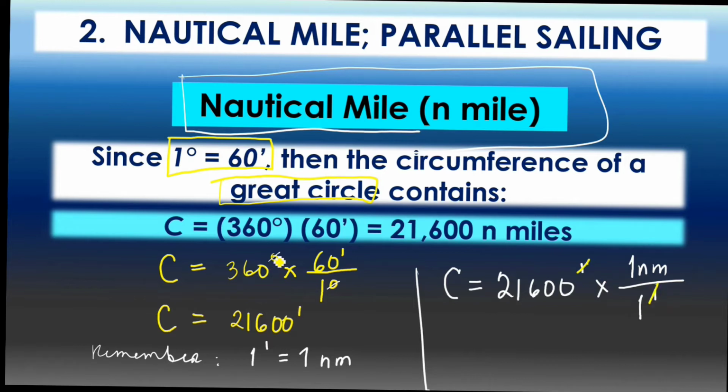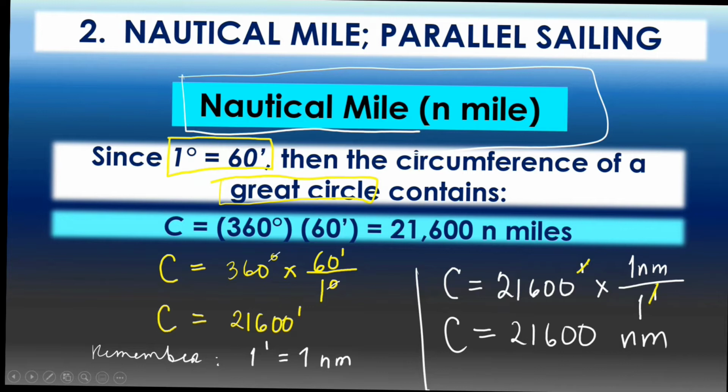So for 360 degrees, in canceling the degree, the denominator should have the degree. So the circumference is 21,600, then copy the unit here, the NM. So we have nautical miles. You can also write it this way, N then miles.